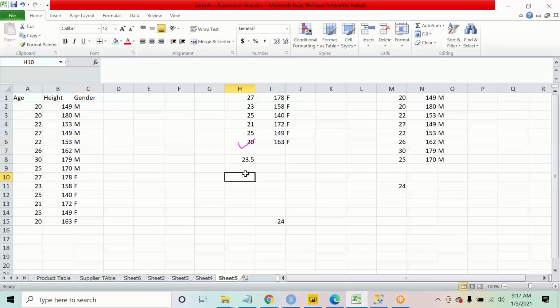But if I say the average age of men is 30 and the average age of women is, say, 14, and now I give you a person whose age is 28, will you be able to predict whether this is a male or a female?